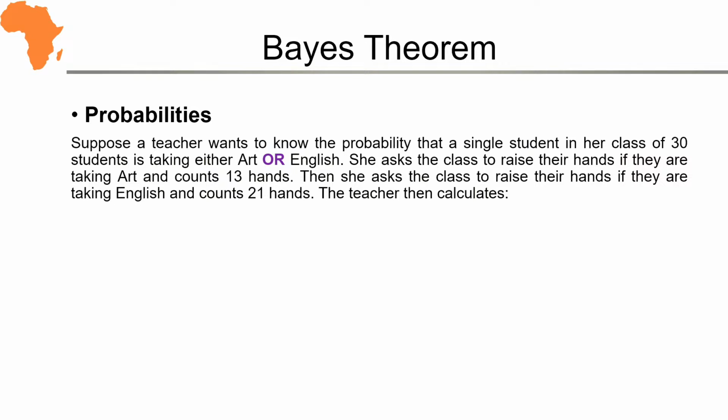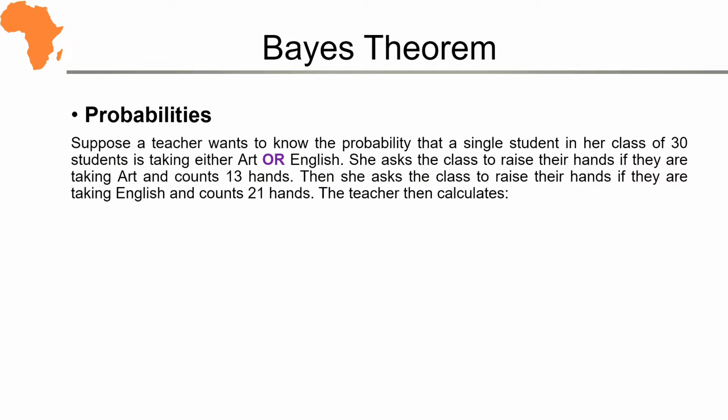So what is the probability of art? This is the probability of art and English. Sawa. Upper katikati, you can see? So this is the probability of art, this is the probability of English. So if your interest is, if a student raises their hand, what's the probability of art?